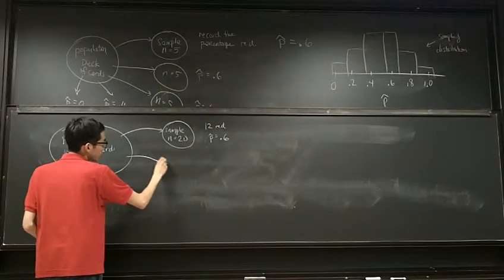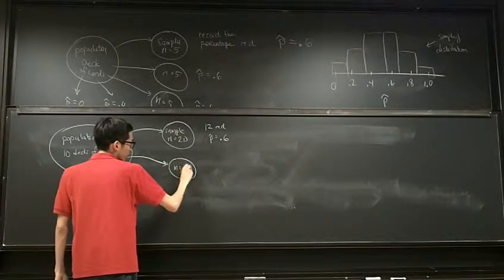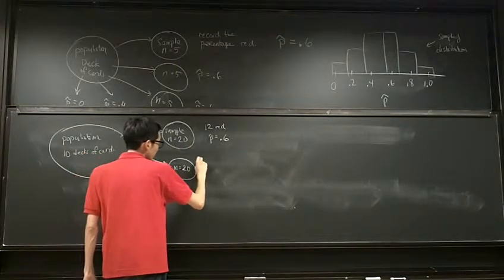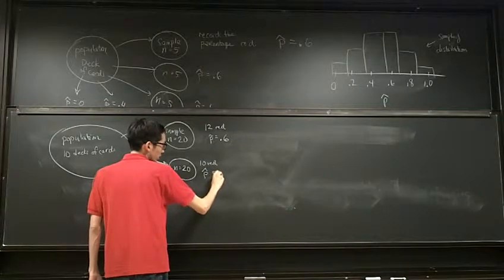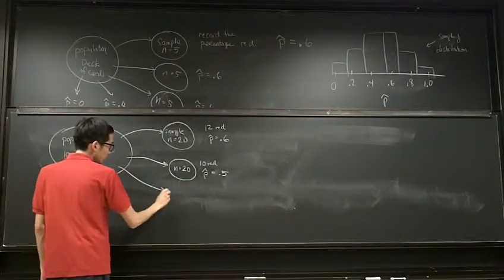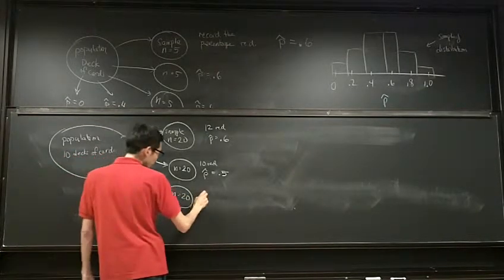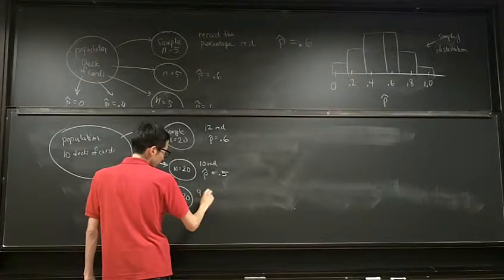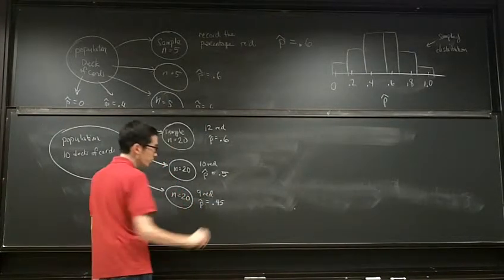I take another sample of 20 cards, and let's say I got 10 red. So here my p hat is 0.5. Let's say I do this again, another 20 cards, and I get 9 red. So my p hat is 0.45.